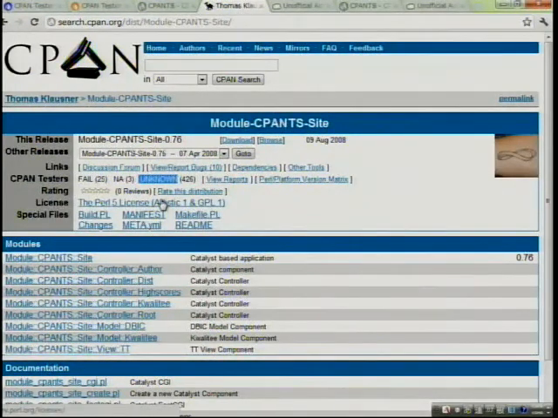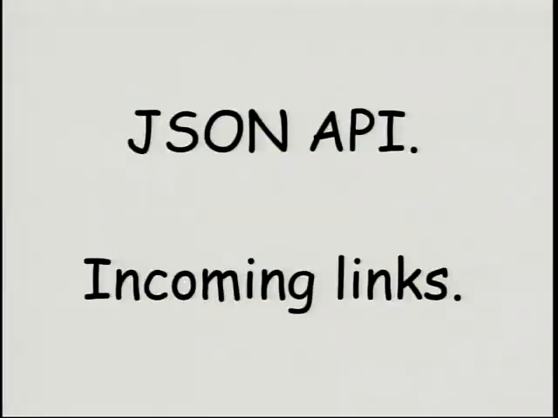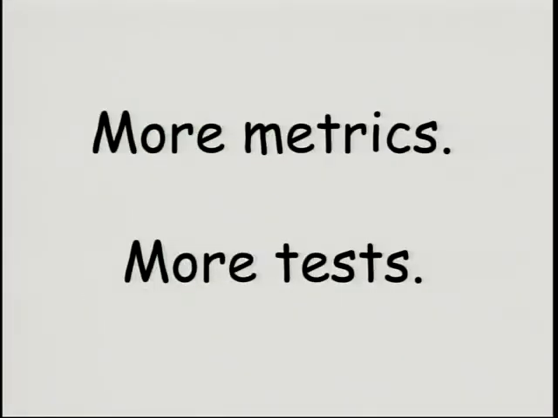And also, metacpan.org doesn't have links to us. So it should be fixed, and probably we should provide these numbers, this quality. So maybe JSON or something we need to provide. And probably more metrics are required, or more tests.